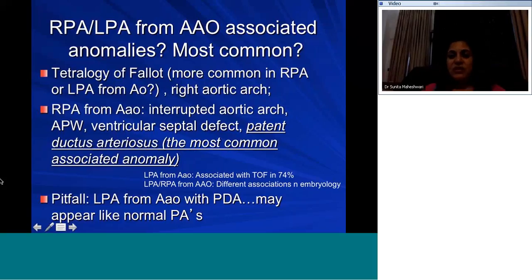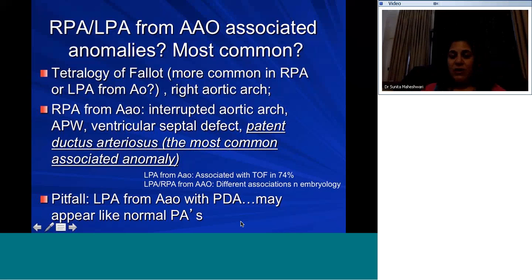These associations are important because you can have LPA and RPA from the aorta, but each of them is different. LPA from aorta is associated with right arch tetralogy, RPA from aorta with things like interrupted arch and AP window. So they actually have different embryologies and different associations.